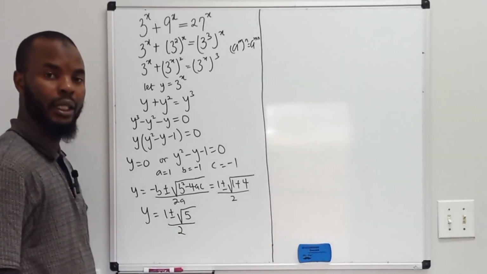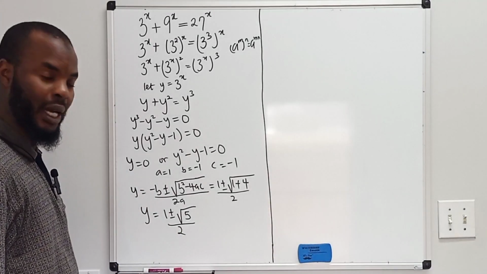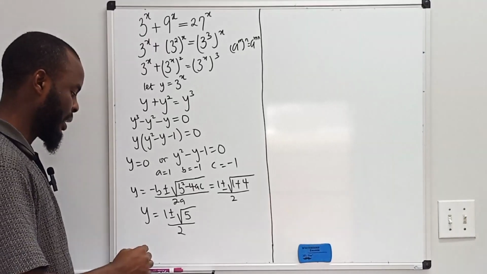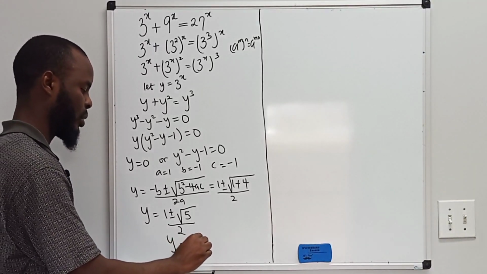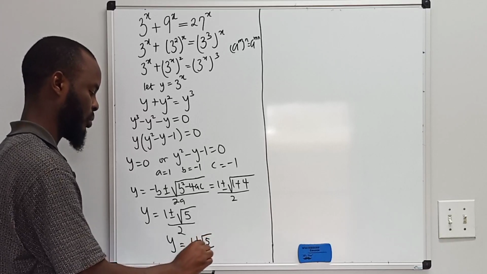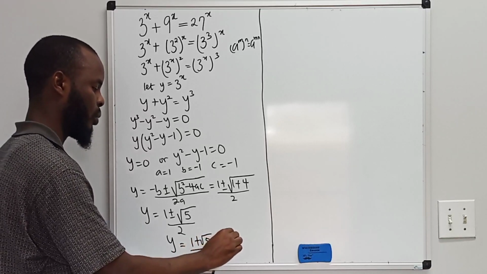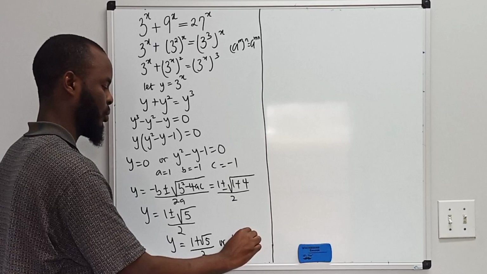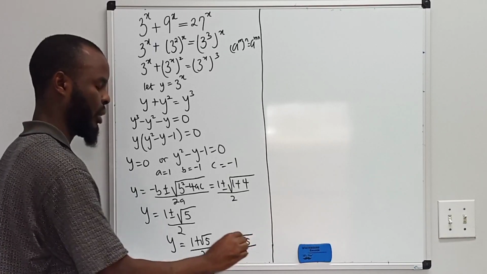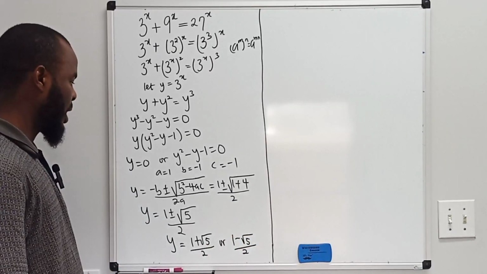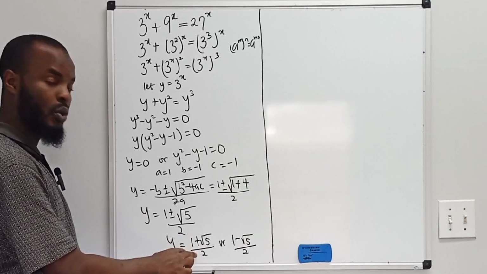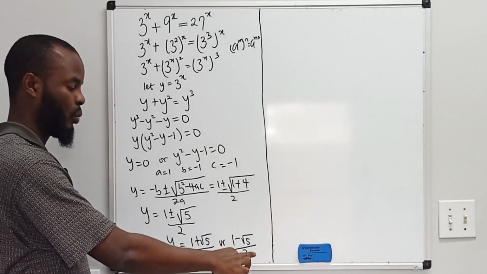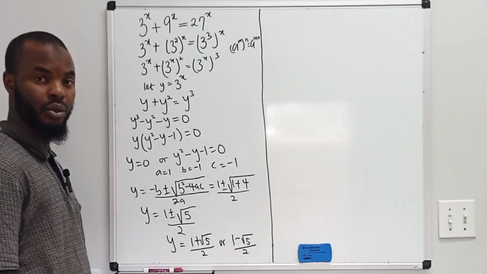So we have two values for y, and what are the two values? y can be 1 plus root 5 over 2, or y can be 1 minus root 5 over 2. So now we have y equals 0, y equals 1 plus root 5 over 2, and y equals 1 minus root 5 over 2.